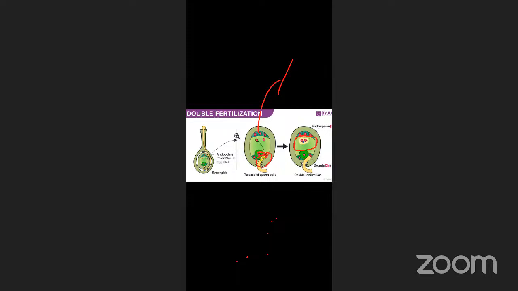Diploid. The secondary nucleus is diploid, 2n. What is the ploidy of the male gamete? Okay. How is the male gamete developed?